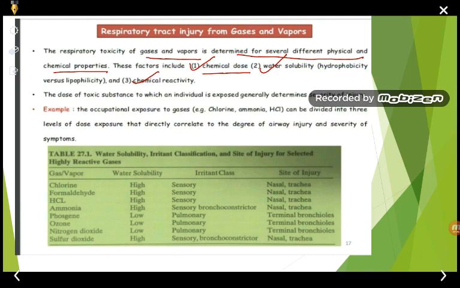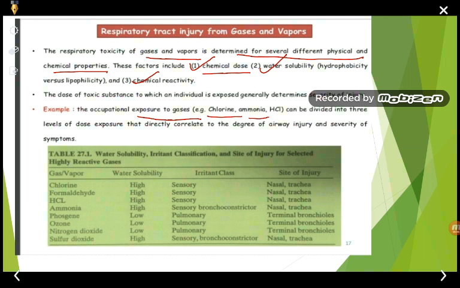Occupational exposure to gases: when a person is on the site, there are certain gases liberated from the industry, and when they are exposed to these gases continuously, such as chlorine and ammonia.